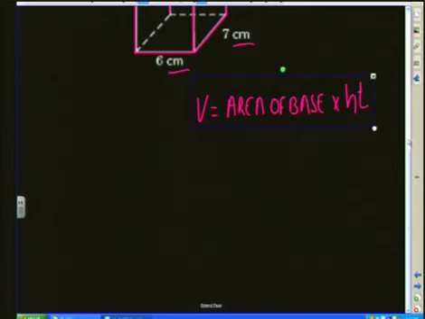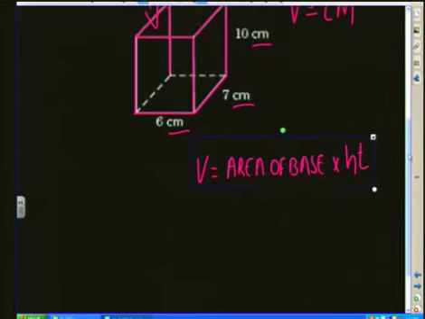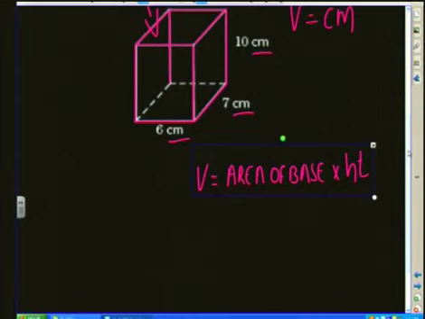Now, because we're dealing with a rectangular prism, we see that the base is obviously what the shape is sitting on. If we just highlight the base and have a look at the base, which is the flat surface, right? Now that's a rectangle.